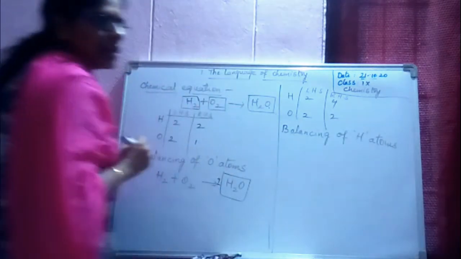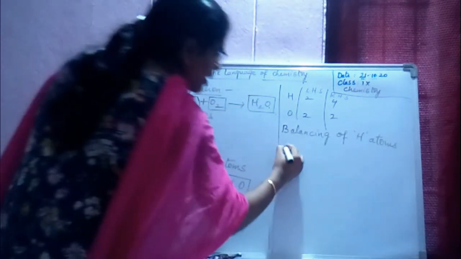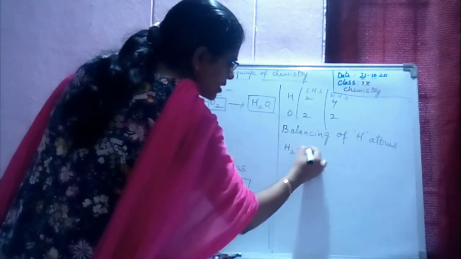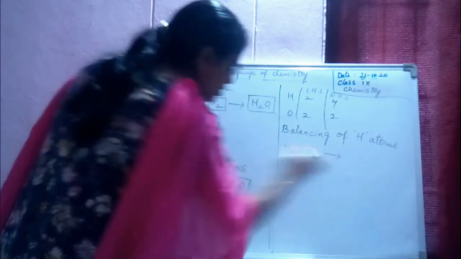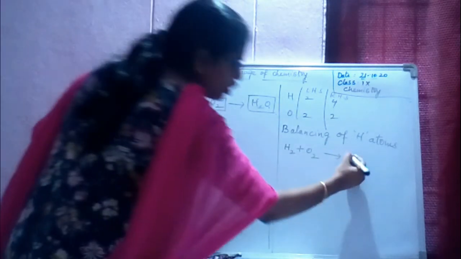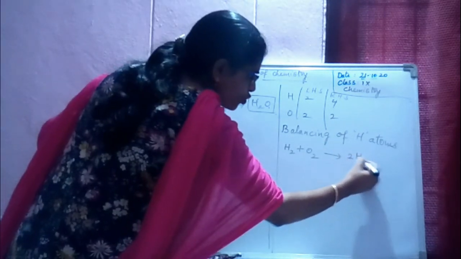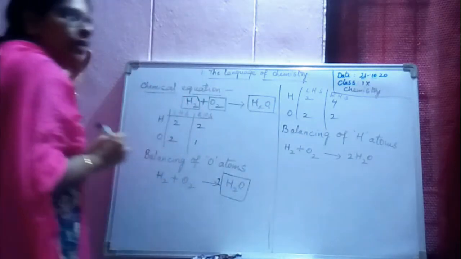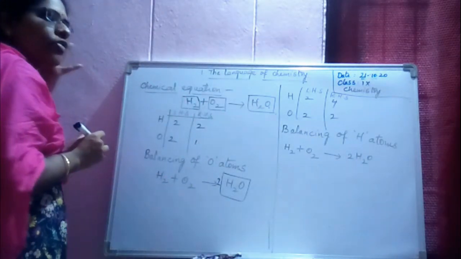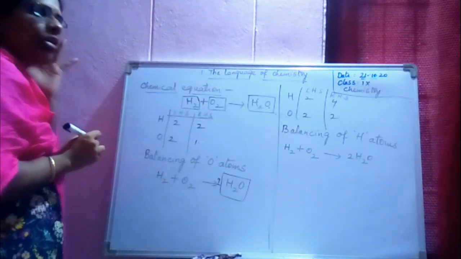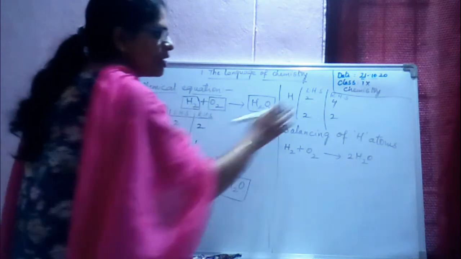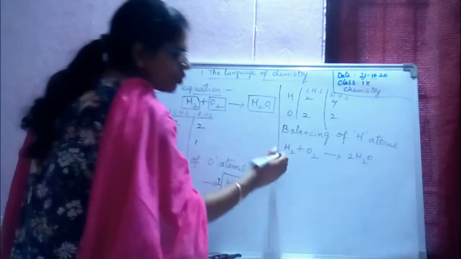Okay? Look at here. H2 plus O2 gives 2H2O. Where are the fewer hydrogens? On LHS. How many more do I require? 2 more.